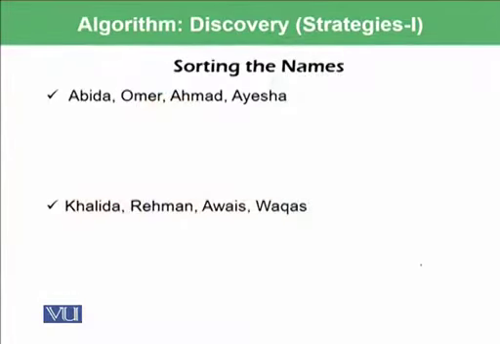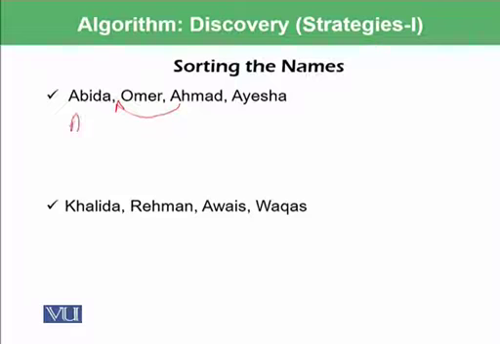Let's have an example of it. For example, you have these four names, Abida, Umar, Ahmad, and Aisha, and you want to sort them. First, you need to put Ahmad between Abida and Umar.